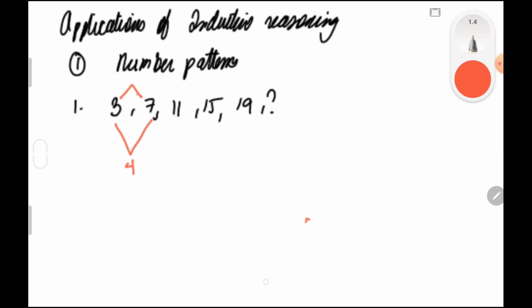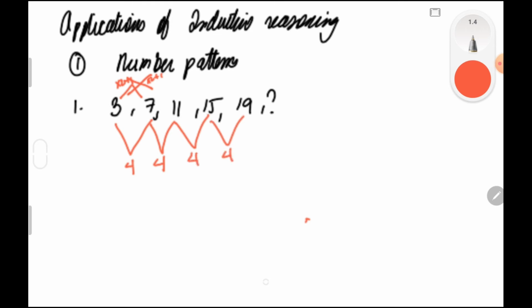So, let's say, mag-multiply ako ng 2 plus 1. Okay, kaya magkakaroon tayo ng 7, di ba? So, pag nag-add ulit ako ng 4 dito, we will draw a pattern. Ito naman, pag magta-times 2 ulit ako, plus 1, this will not create a pattern. May second example, di ba? So, therefore, sa aking first solution, which is mag-add ako ng 4, mapapansin mo that this would be a possible pattern.